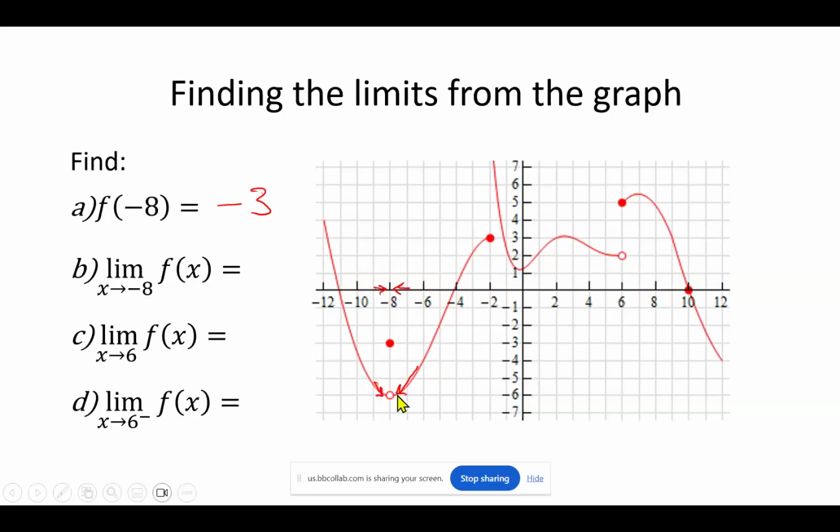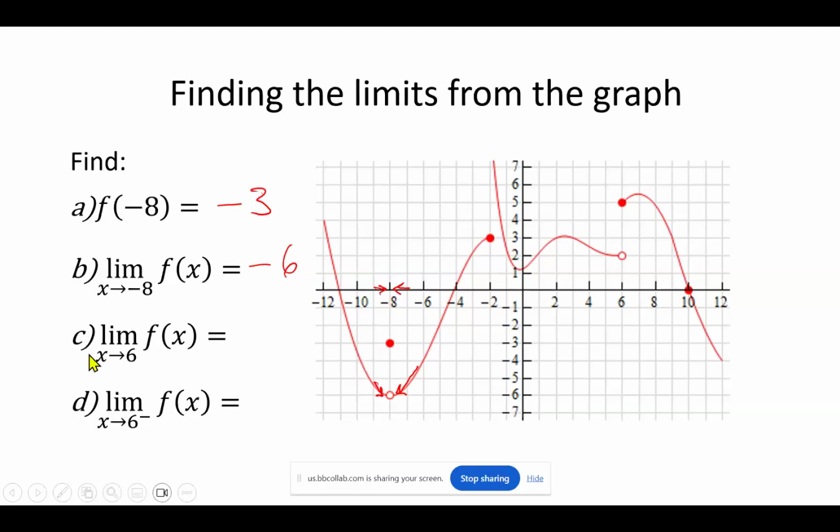So the limit is the y coordinate of that point, which is -6. This is one of those examples where they're different. The limit does not care about what happens at -8. Even if there was not a full circle, the limit would still exist because the graph before and after is approaching that value.